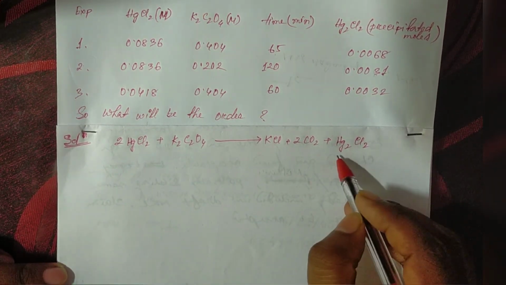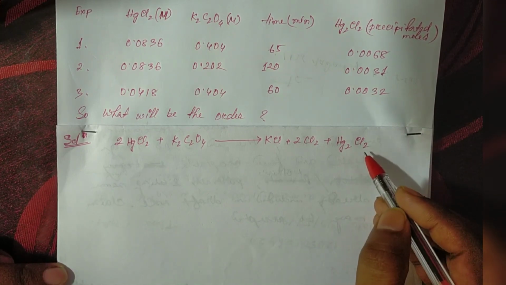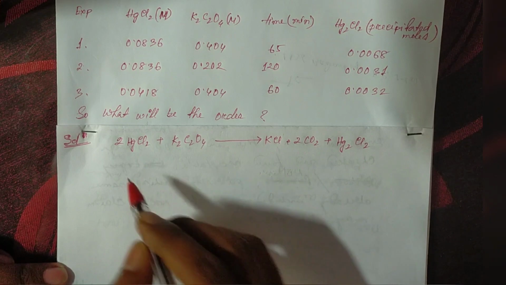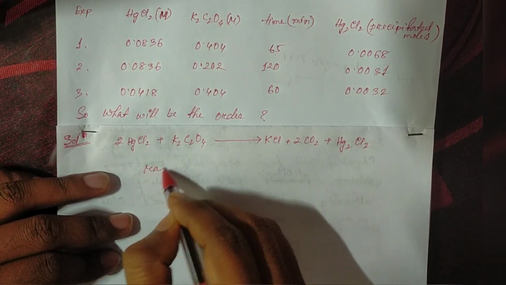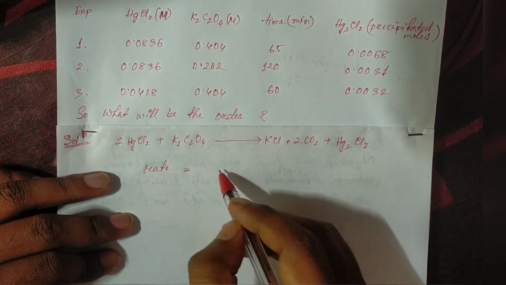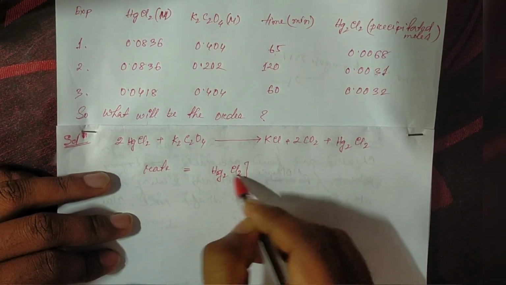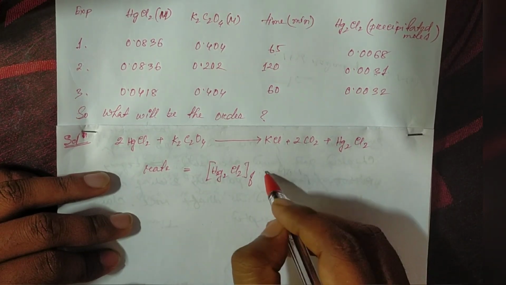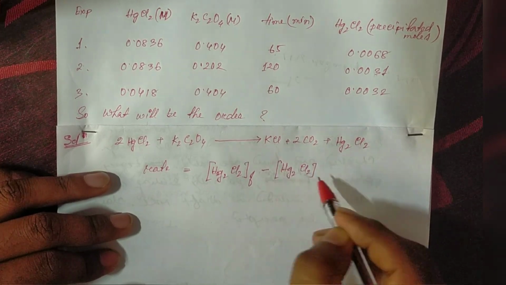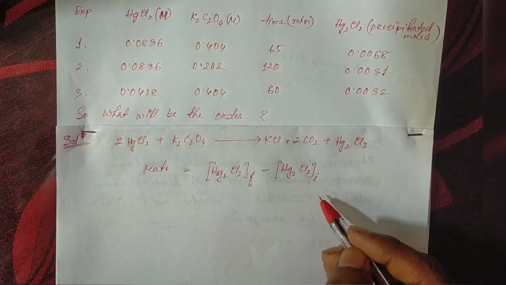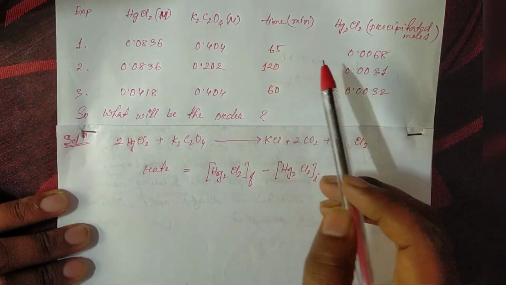I have written the reaction. Here, the measured product is Hg2Cl2. First of all, we will calculate the rate. Rate will be Hg2Cl2 final minus Hg2Cl2 initial, divided by time.